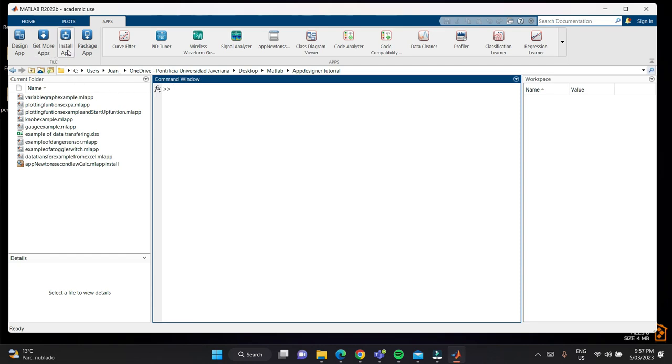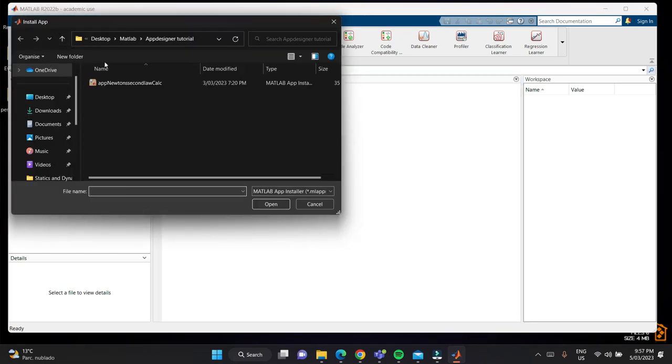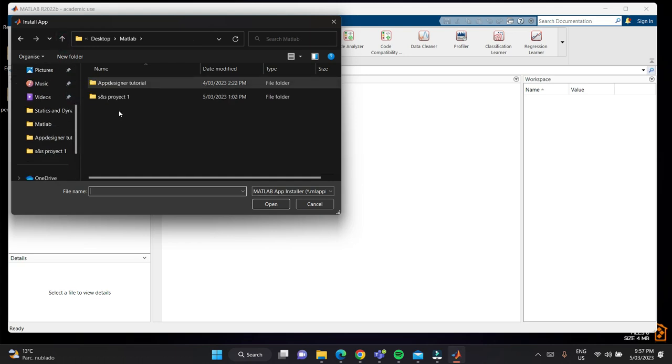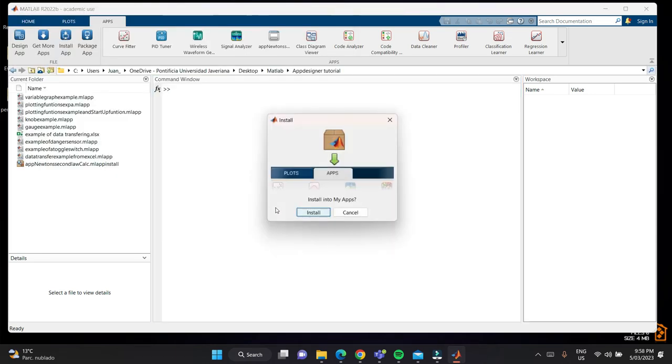So what you have to do is basically go to install app and look for it. In my case, I developed the project, which is the app here. So right here, this is the whole app downloader. So we open it and we install it.